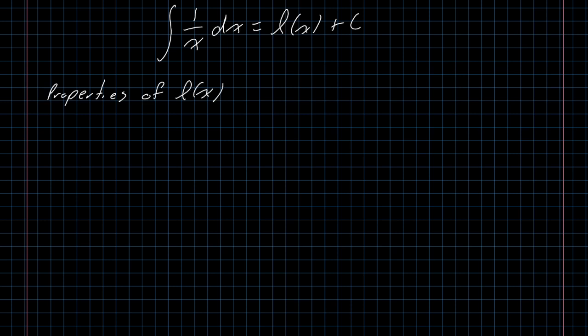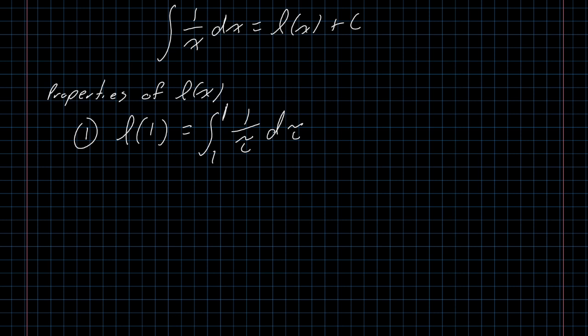Now that we've defined this new function, we should start to investigate it a little bit. The first thing that I want to notice is that if you take this new function and evaluate when x is equal to 1, well, the definition says it's going to be the integral from 1 to x, in this case x is 1, of 1 over tau d tau.